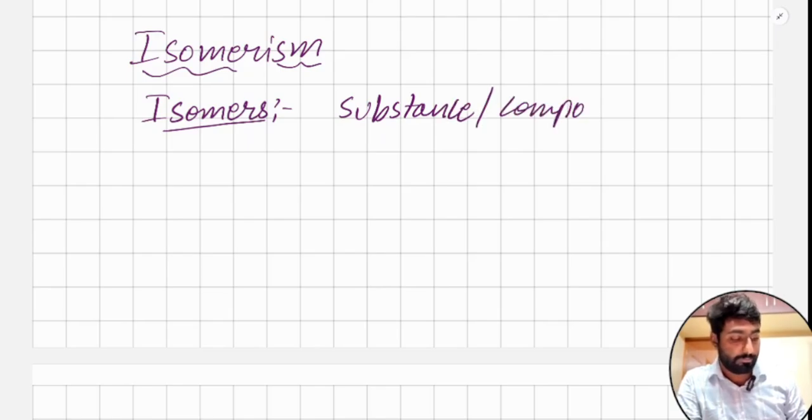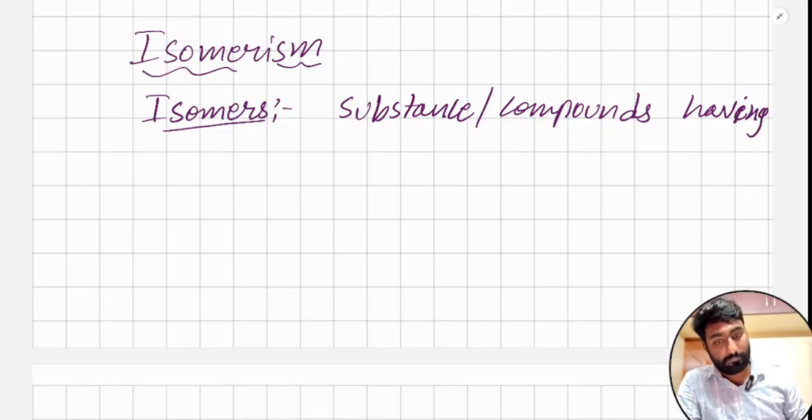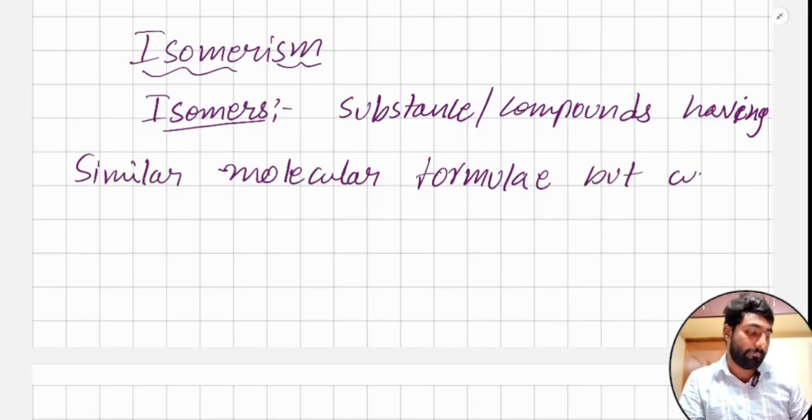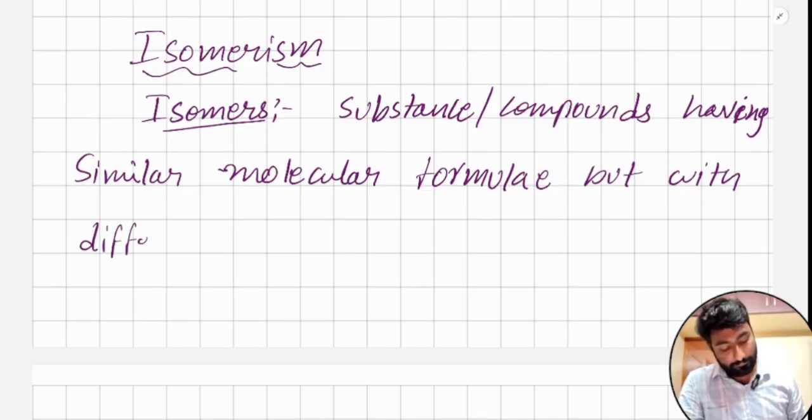These are substances or compounds having similar molecular formula but with different structures.